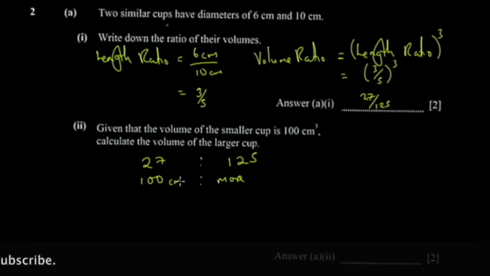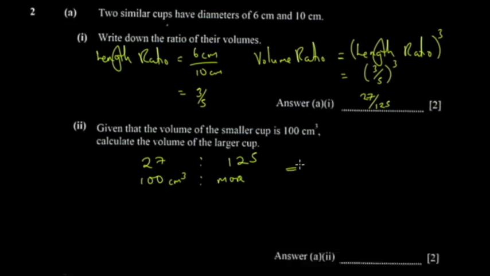We're dealing with a simple ratio here. If it's like this, then we say bigger number at the top. Okay, so I'm using principles of simple proportion here. So 27 here multiplied by 125. So 100 divided by 27 multiplied by 125, like this.